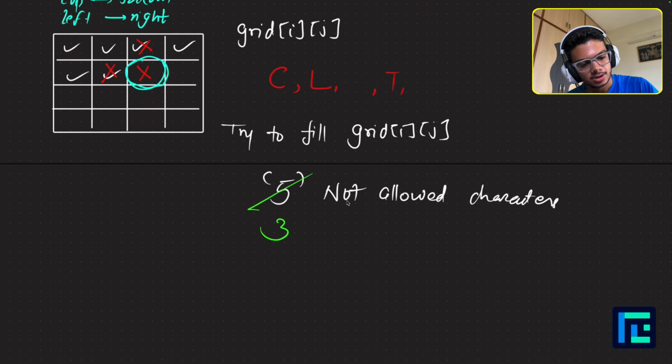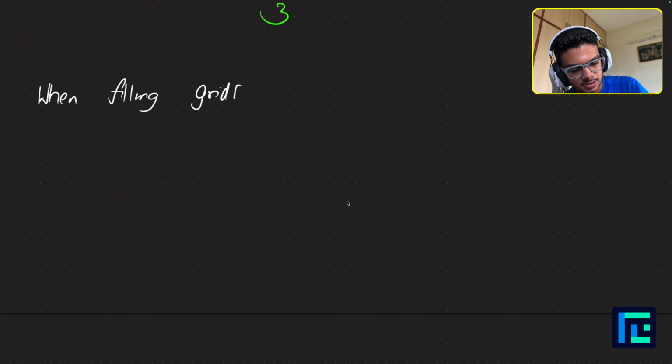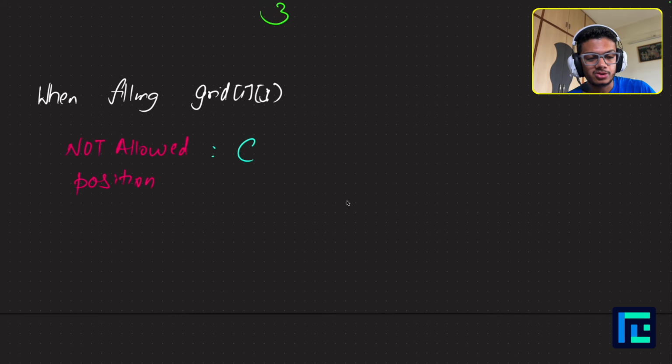Okay. So all in all, what I'm trying to say here is when filling grid ij, we only have these not allowed positions. Maybe call it, let's say, not allowed. The not allowed positions are the current, or you can say the grid ij itself, one left to it and one above it, on top of it.